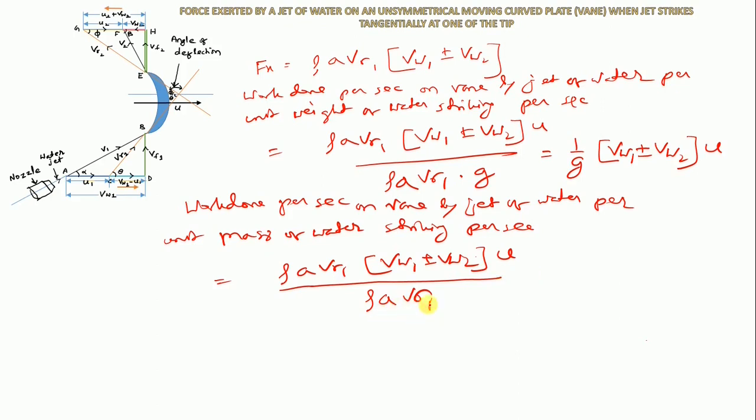Here only mass is taken, so acceleration due to gravity is not required. It is equal to Vw1 plus minus Vw2 into u.